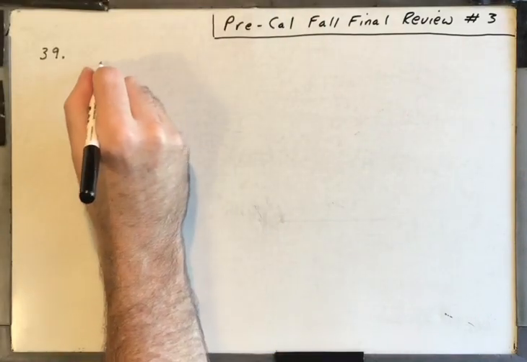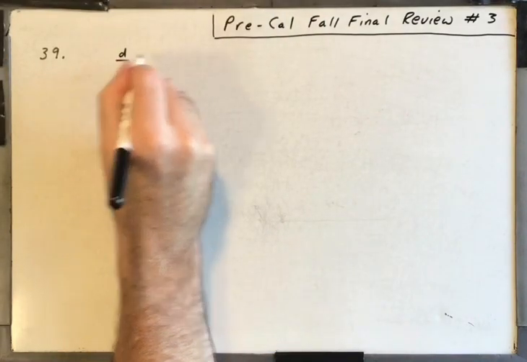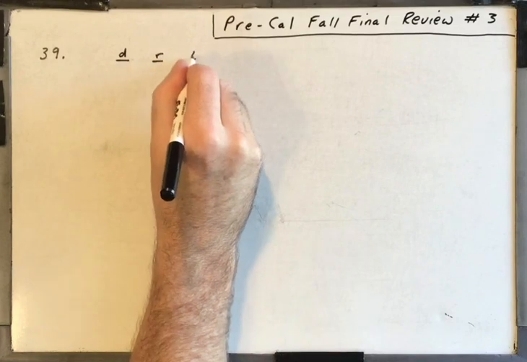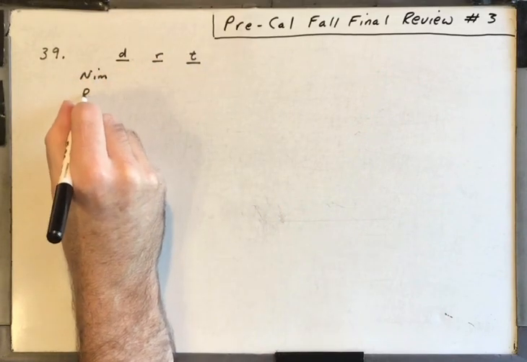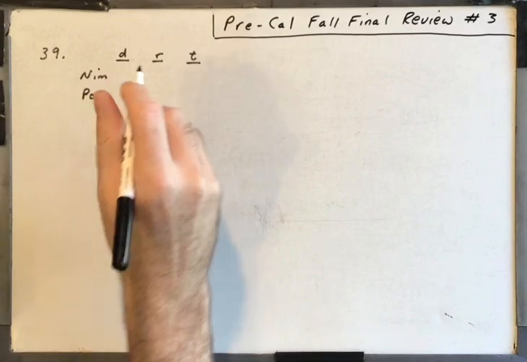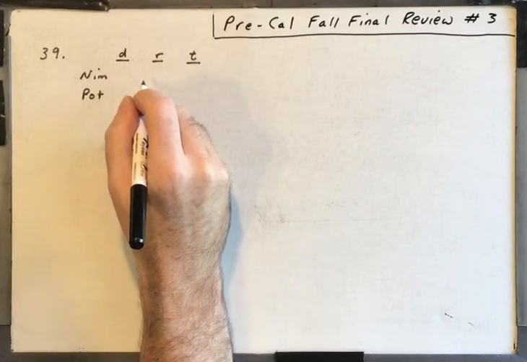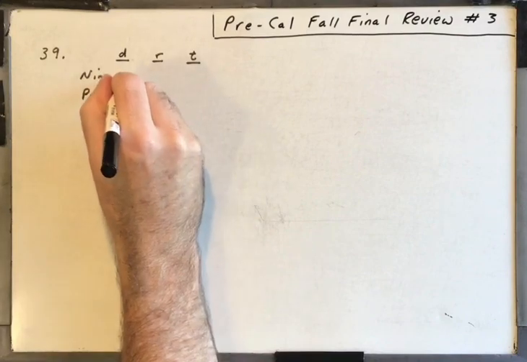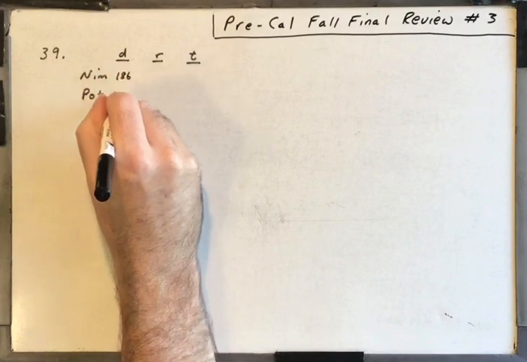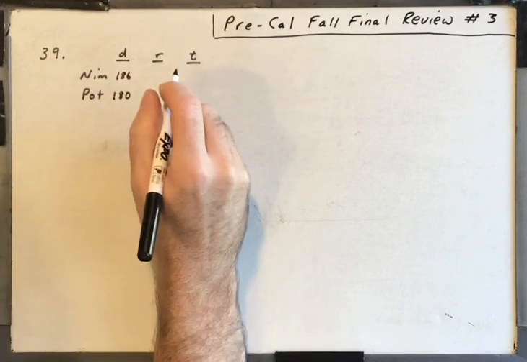All right, so we have distance, rate, time. We got our buddy Nim and our buddy Pot. All right, it says that Nimrod is driving 186 kilometers and Potsy is 180.